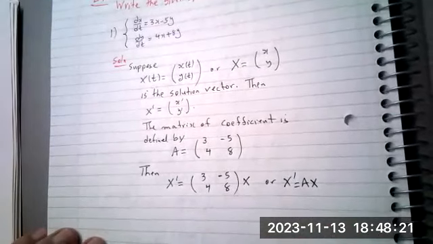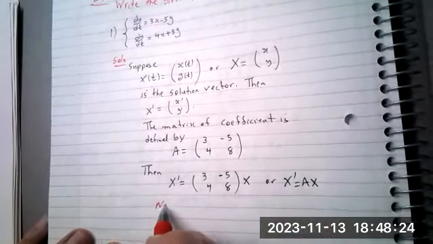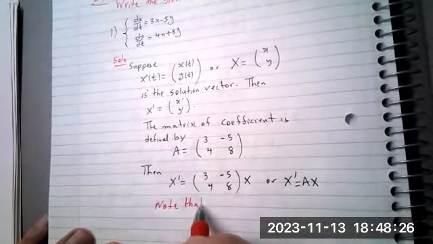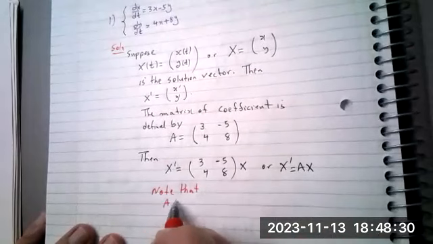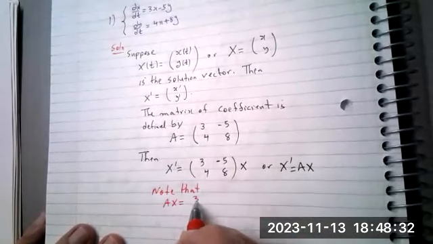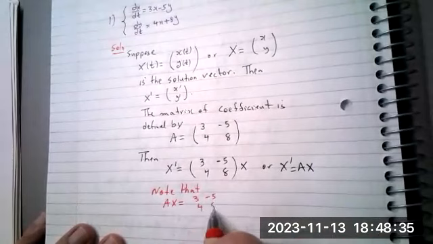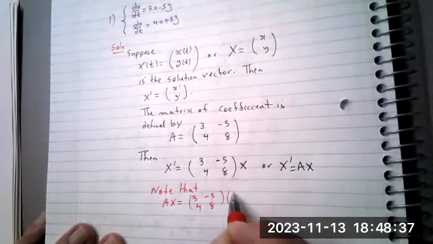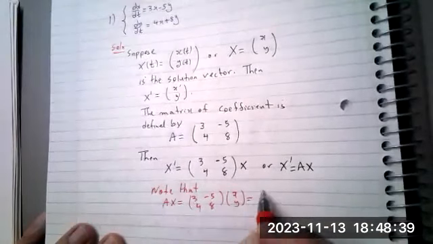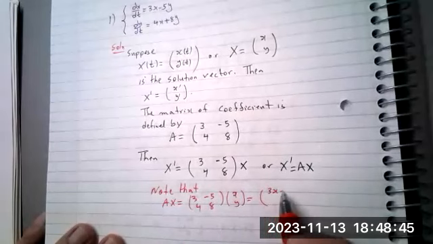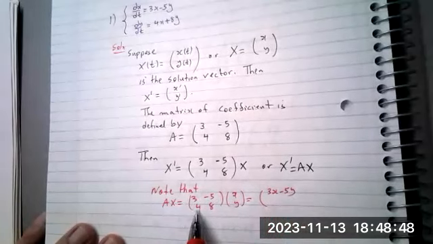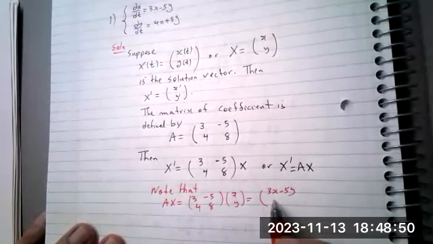Just for your information, note that if you check your A times x, that gives us simply 3, -5, 4, 8 times x, which is (x, y). If you multiply them together, remember the way we multiply: 3 times x minus 5y, and 4 times x plus 8y.